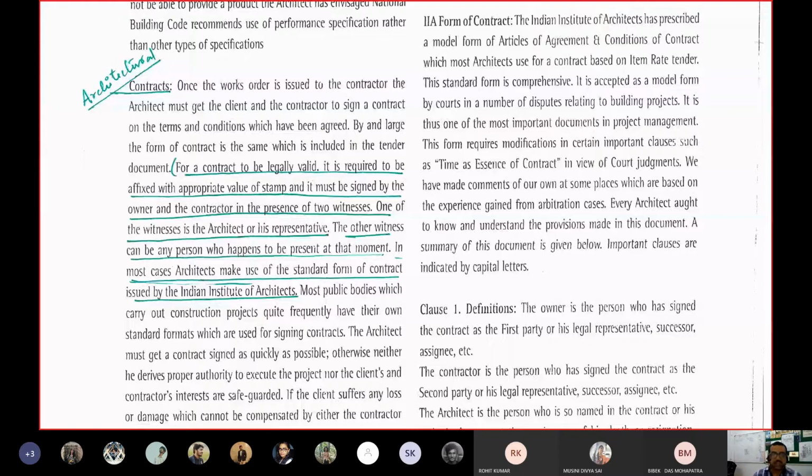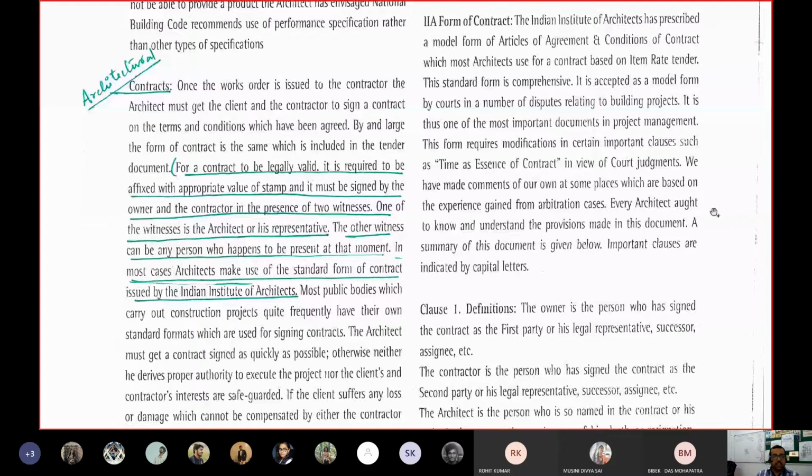So clarifying everything. So contract was actually the agreement which was enforceable by law. So in this contract document, when this book defines the part which is highlighted in green, for a contract to be legally valid, it is required to be affixed with appropriate value of stamp. It means stamp paper.